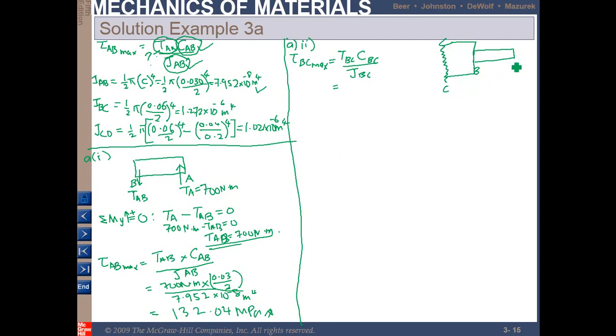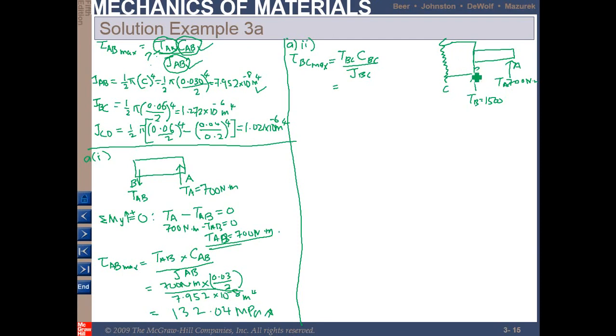The torque that we apply is clockwise, and at point B here we also apply torque B, which is equal to 1,500, and this one is 700.